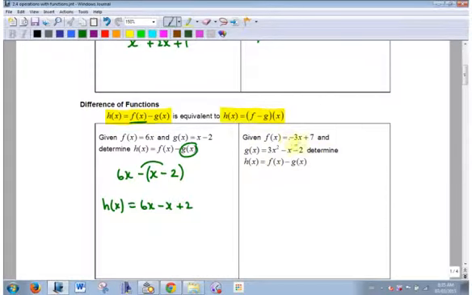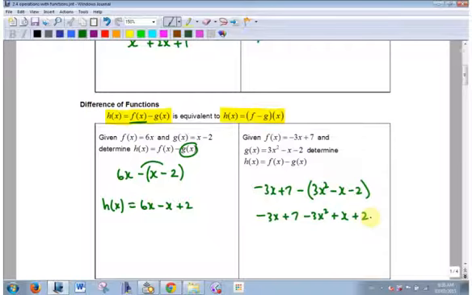f of x minus g of x is 3x plus 7 minus the bracket 3x squared minus x minus 2. So could I do all this in my head? Maybe, but why? Is it worth the 10 seconds to write this out? Absolutely. Okay? So do it. Don't make a mistake.